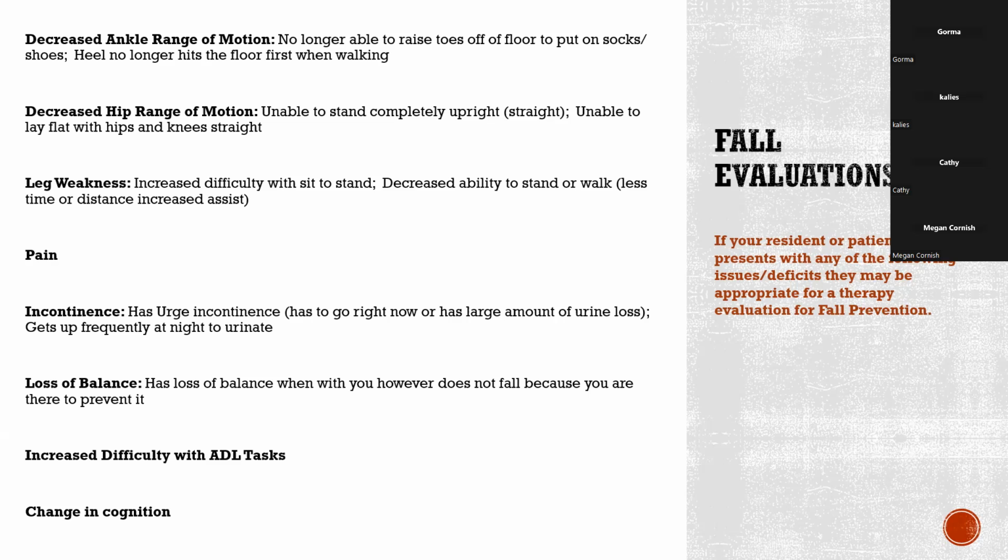If they are taking more time to get to the dining room, the activities room, or chapel, that increased time and not an increased distance may be an indication of leg weakness that's beginning to occur. Anytime somebody's in pain, they're automatically at an increased risk for fall. So an intervention that mitigates pain goes a long way to prevent the next fall.